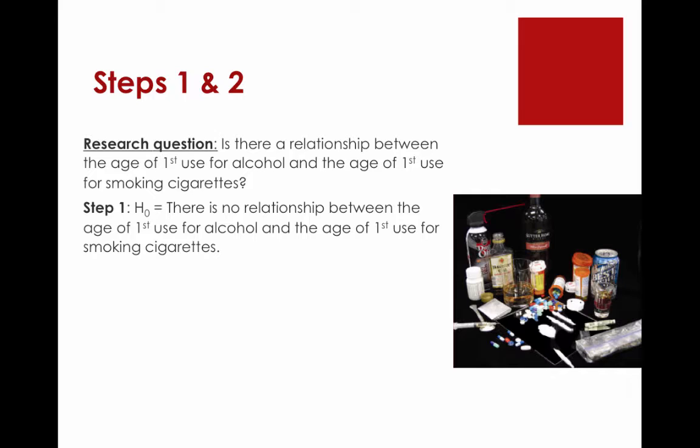Well, in this case, we don't have necessarily the means that we're trying to compare. What we're really going to be looking at in terms of our equations is this, where rho of x and y equals 0. And what do you think rho stands for? Thinking of how we denote x, y, and we have a 0 here. Rho is essentially your population correlation coefficient.